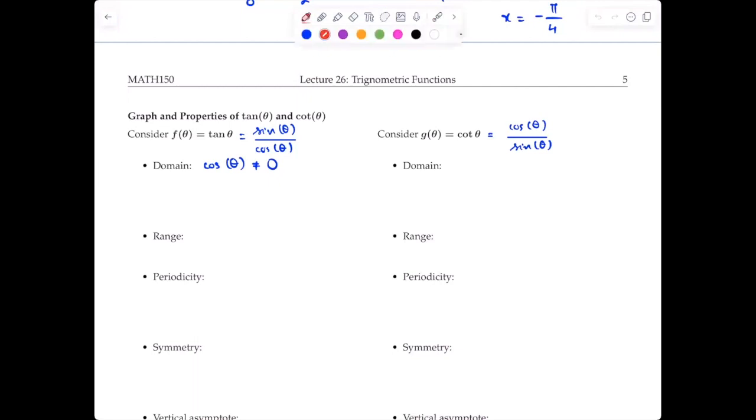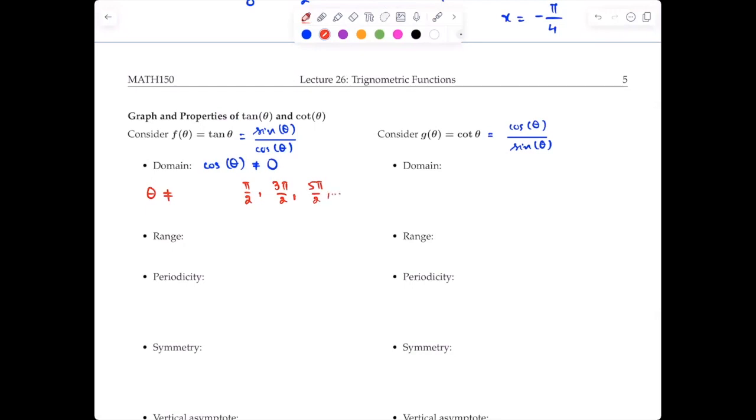So, looking at the unit circle, you can deduce that theta has to be different from pi over 2, 3 pi over 2, 5 pi over 2, and so on.